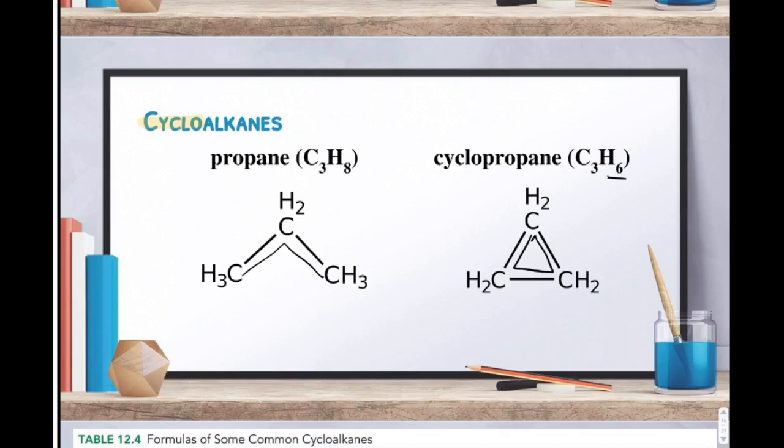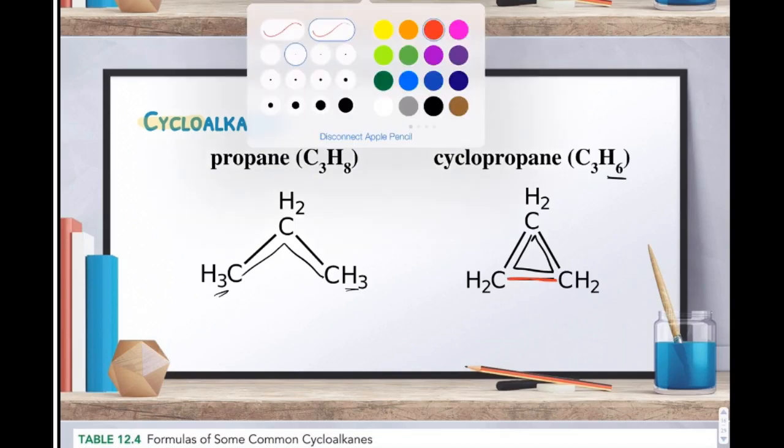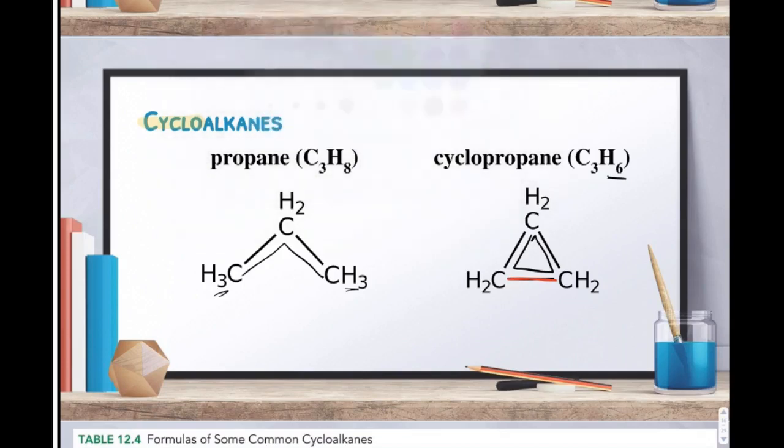So this is cyclopropane. But if I'm in a circle, I cannot have these 3 hydrogens on the outside because I'm taking up a bond space to bond these 2 together. And so this is not a saturated compound because it does not have as many hydrogens as it could possibly have. So if you see cyclo, just put it in a circle.